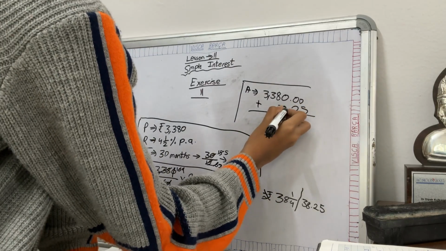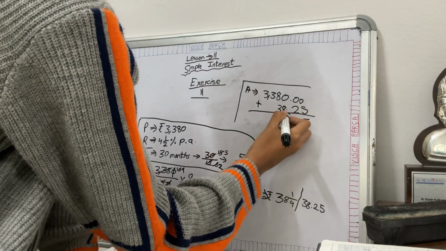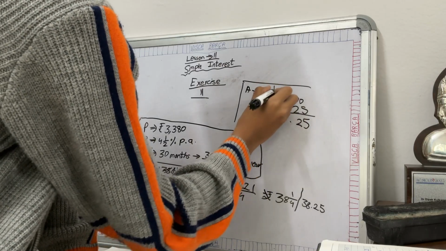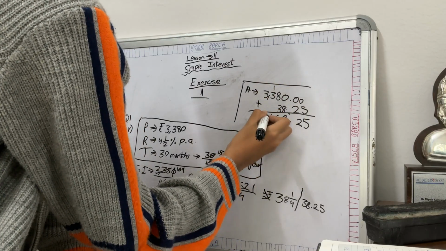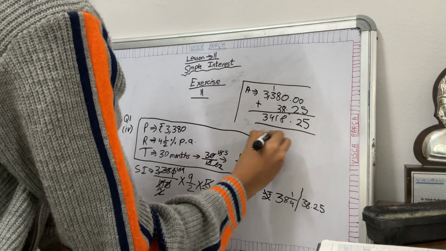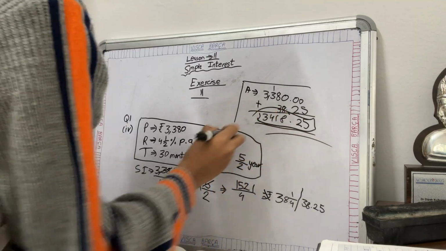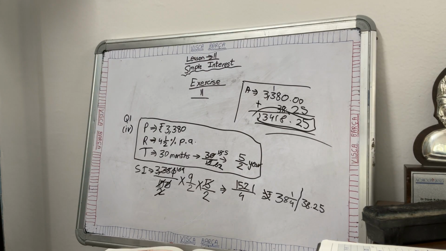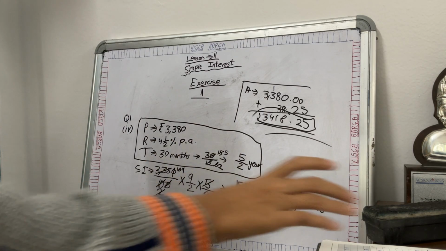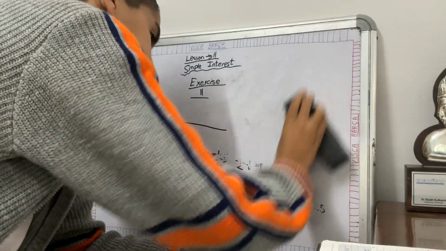So now it is 3418.25. This is our amount. 3418.25 is the amount. Now we'll do the next question.